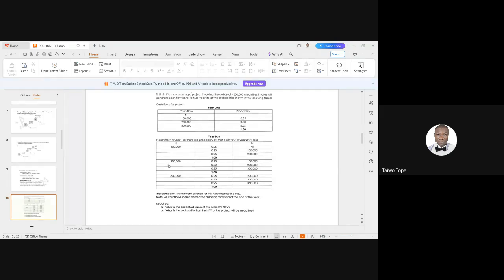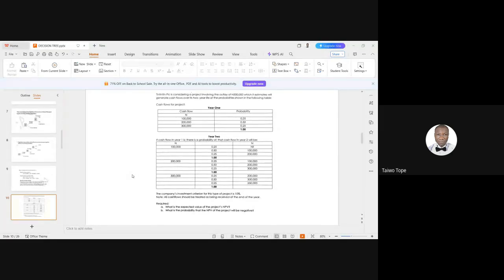This is a chance. 200,000 is likely to experience a chance in year 2 of 200,000 with its probability of 0.5, and also 300,000 with associated probability of 0.5. This is an extension of year 1 to year 2.